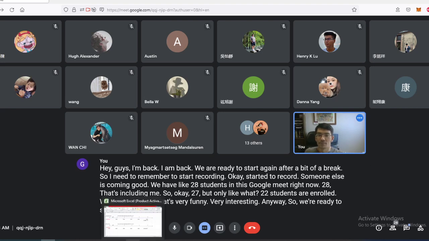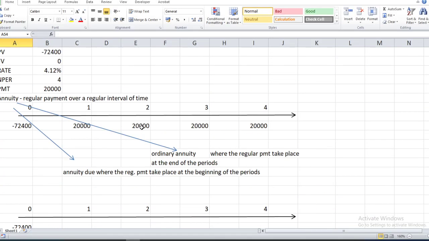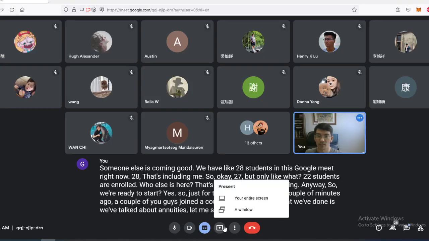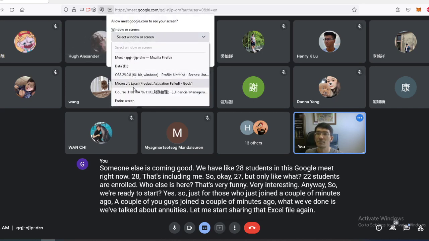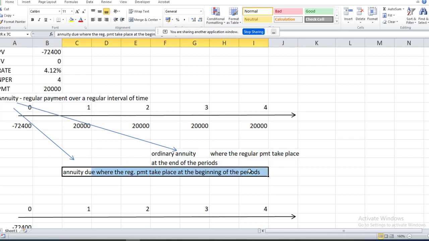So, just for those who joined a couple of minutes ago, what we've done is we've talked about annuities. Let me start sharing that Excel file again. There are different kinds of annuities, ordinary annuity and annuity due.